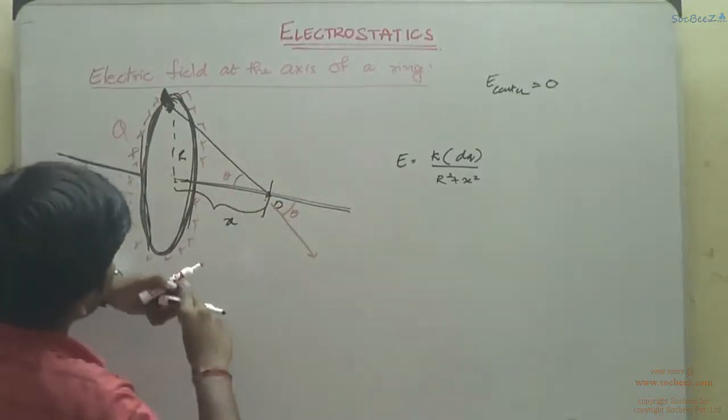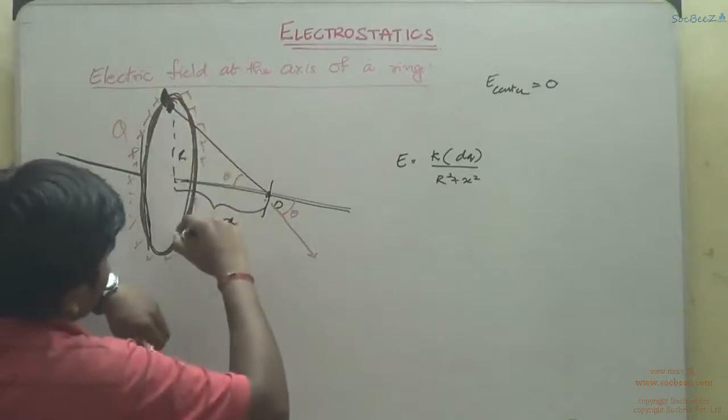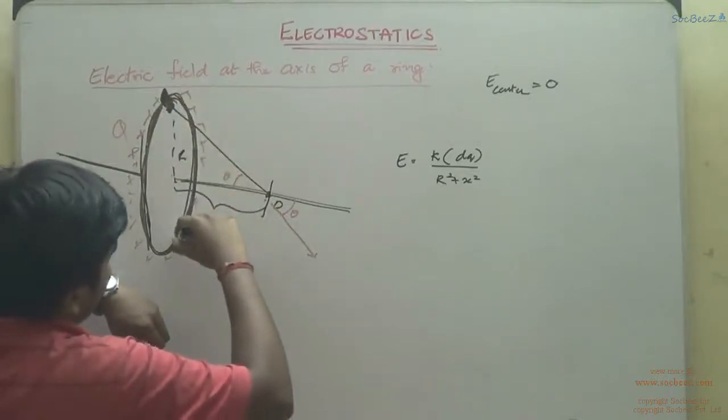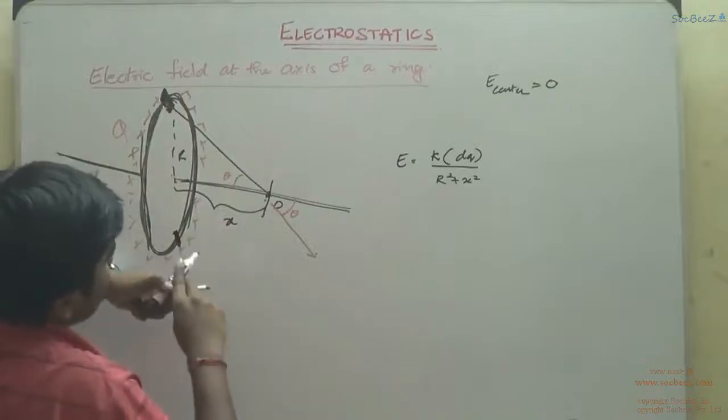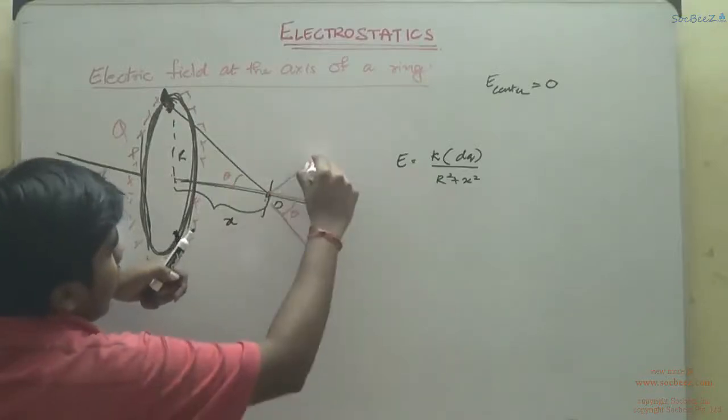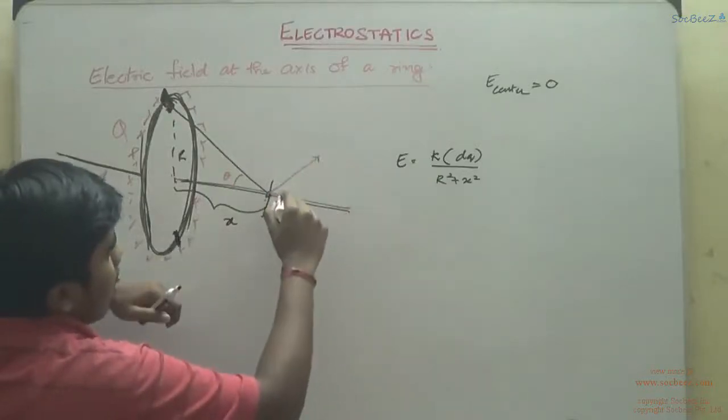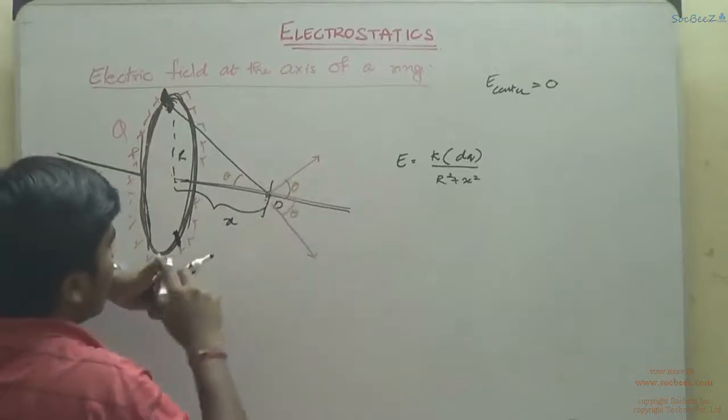Now let me consider a diametrically opposite point. Due to this, the electric field will be in this direction, which would again make an angle theta.